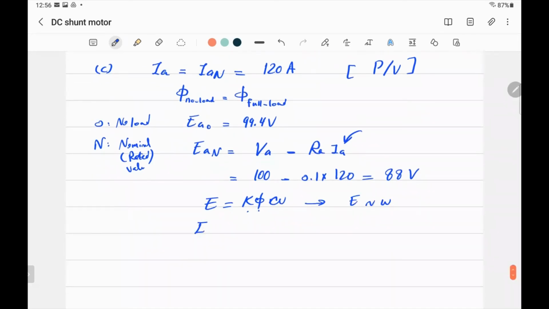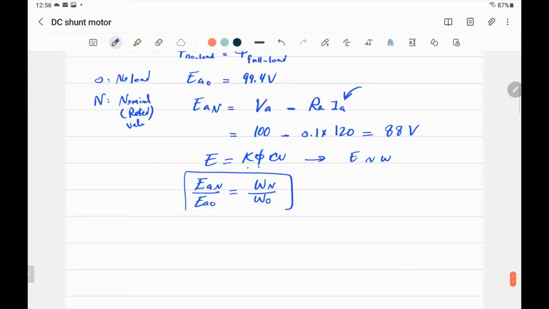So I can say E at nominal load divided by E at no load is equal to speed at nominal load over speed at no load. I can do that, right? Directly proportional. The E at nominal load, I got equal to 88. The EMF at no load, we got before, 99.4. The speed at no load was 1000 RPM, I believe, right?